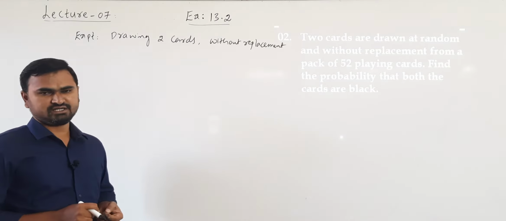Okay, getting a black card in the first draw. Instead of drawing, we can take getting a black card in the first draw. And F is the event getting again a black card in the second draw.